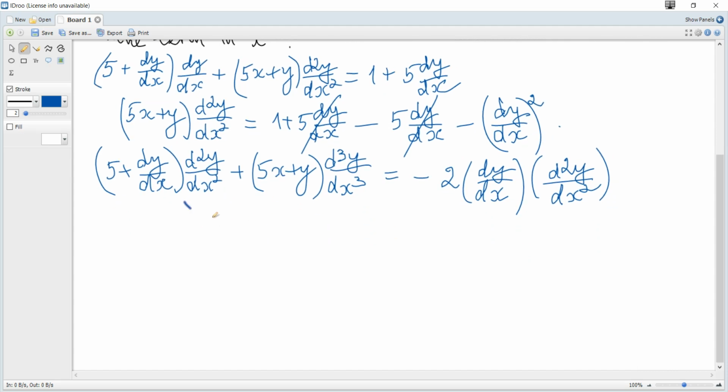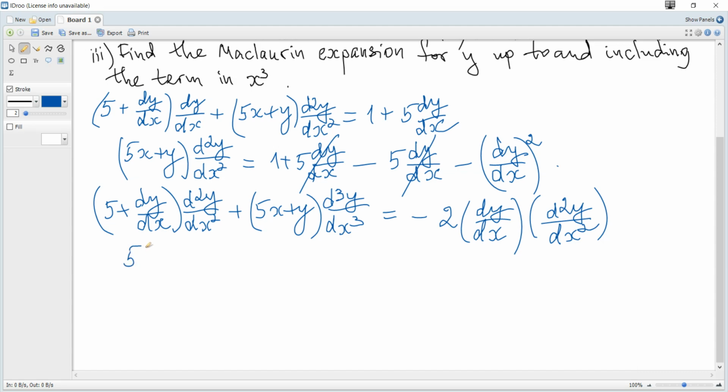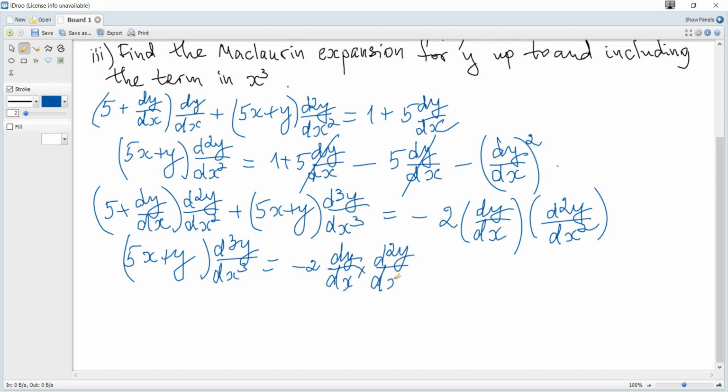And again move it to the right and get that (5x plus y) times the third derivative is equal to negative 2 dy/dx multiplied by the second derivative minus, open parentheses, minus 5 the second derivative, and minus dy/dx multiplied by the second derivative.